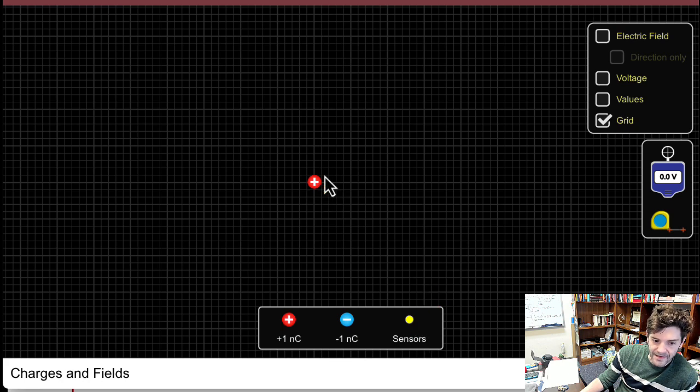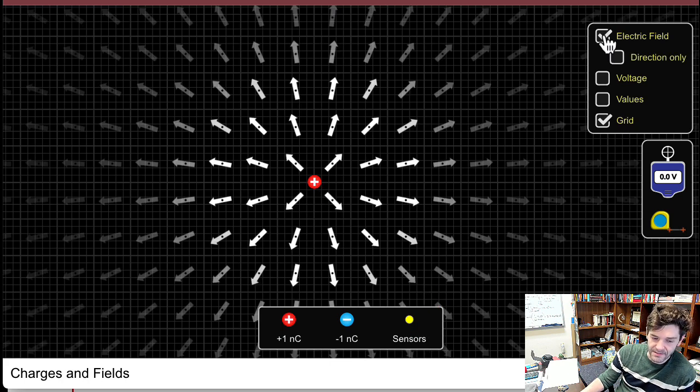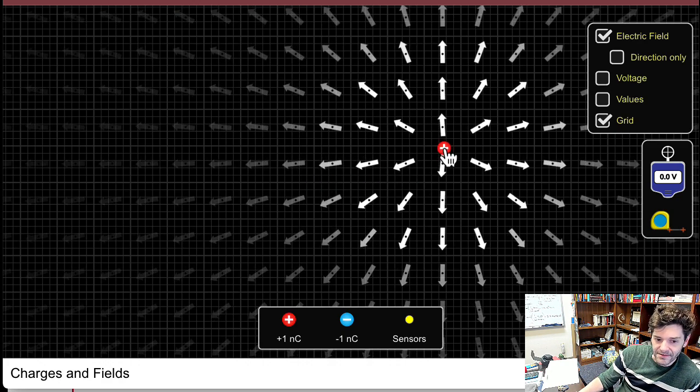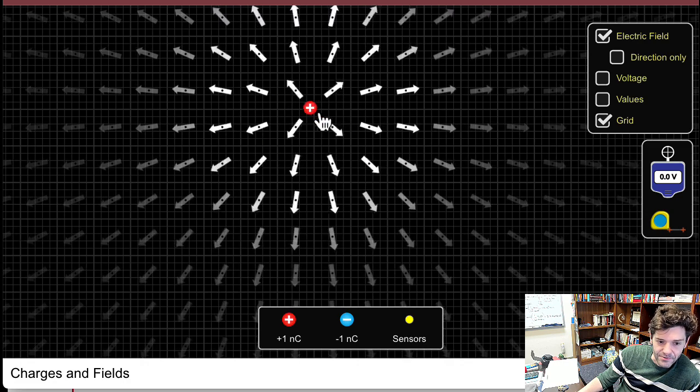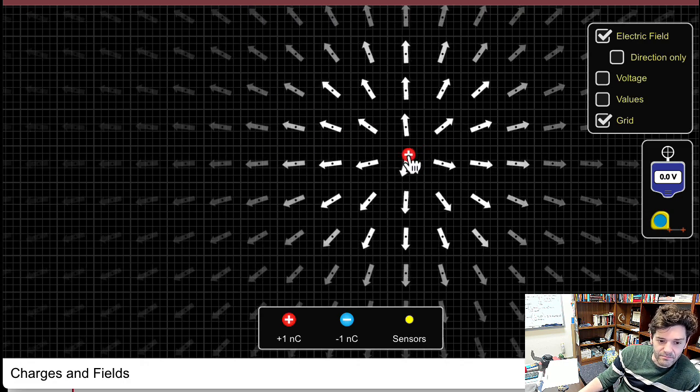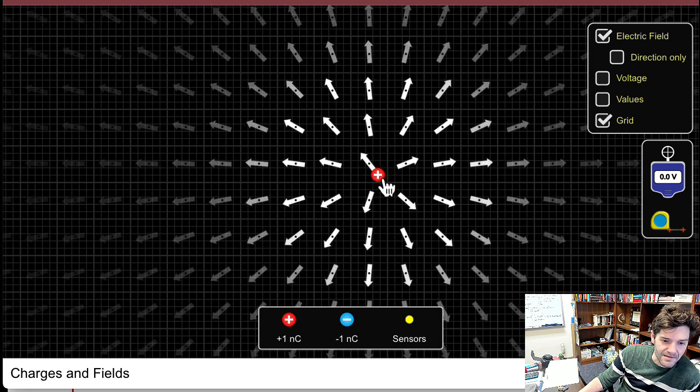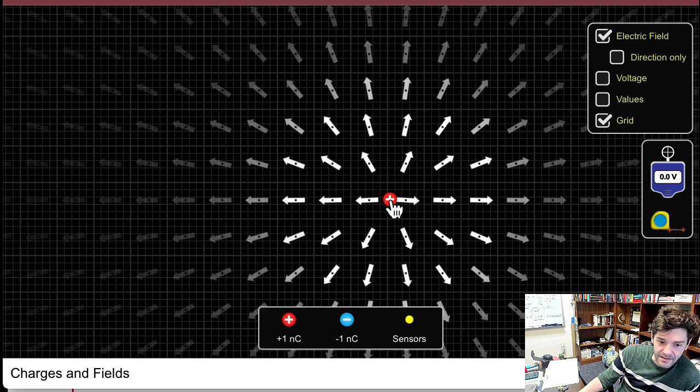Well, we can think that this charge creates an electric field, that it sends out a message to all other points in space saying, hey, there's a positive charge nearby. So if you're positive, go away. If you're negative, come on over. As I move this charge around, these vectors change in order to quantify both direction, which is the direction of the arrow, and magnitude, which has to do with the brightness. It's brighter here and then gets dimmer over here.